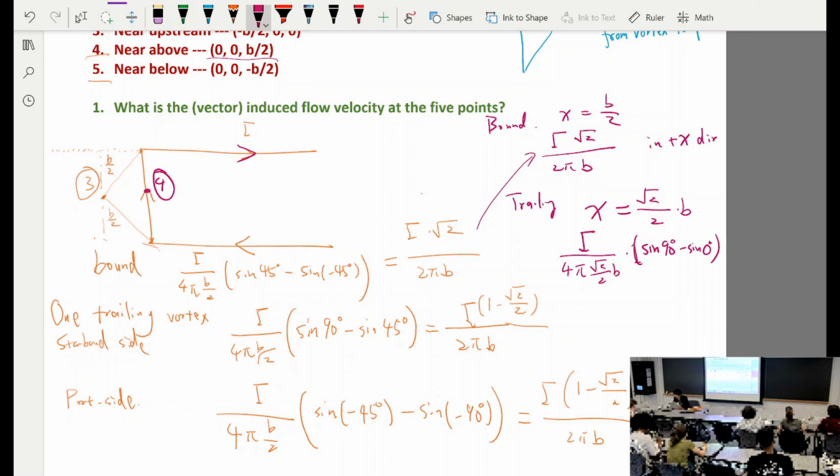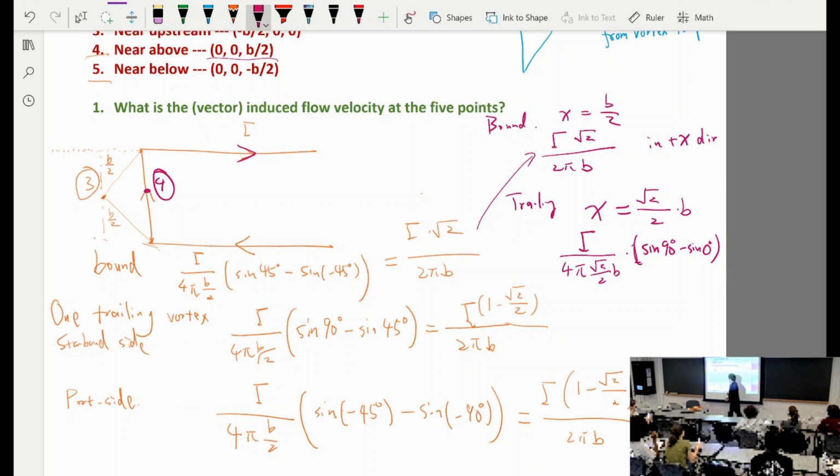What's more important, what direction does it point towards? 45 degrees, both downwards and into the board. It's 45 degrees, so you have to use your right-hand rule. Imagine point 4 is over here, not exactly on the board, so the velocity goes skewed like that.